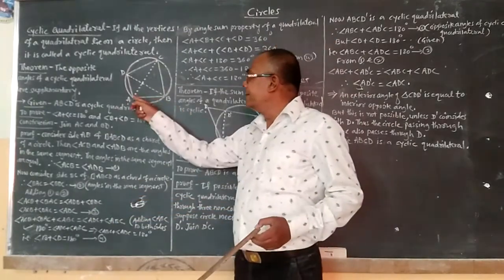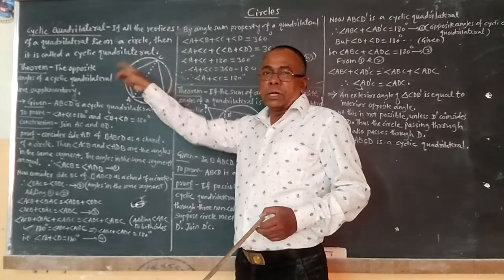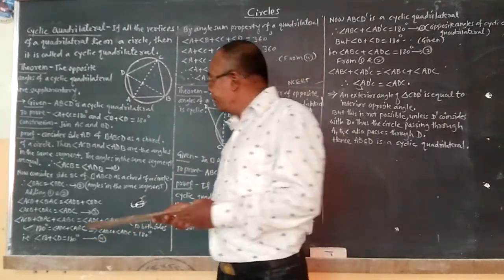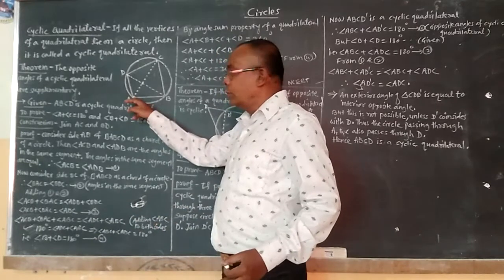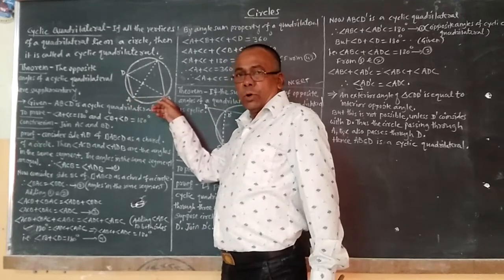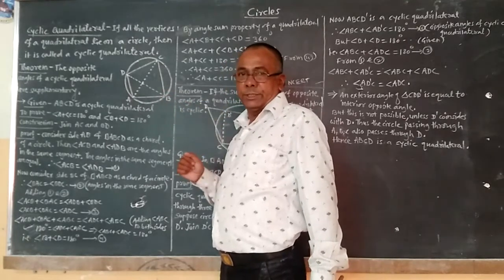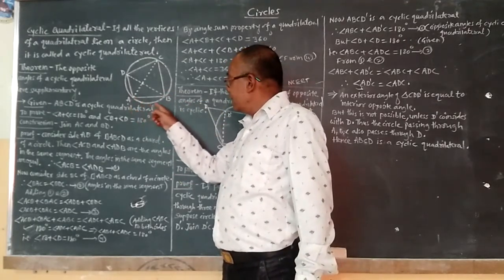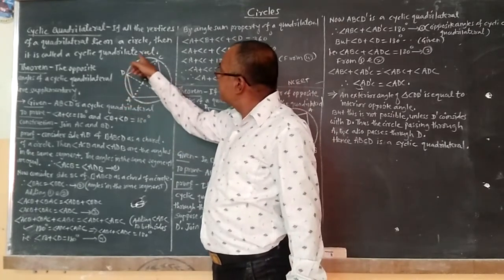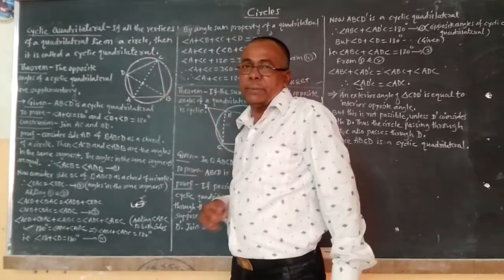If we consider the side AB of quadrilateral ABCD as a chord of the circle. Here AB is the chord of the circle, though it is the side of the quadrilateral. Due to this chord we get two segments, AB as a minor segment and ACB or ADB as a major segment.